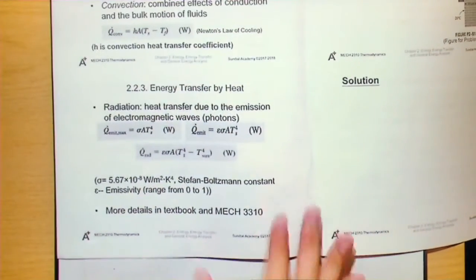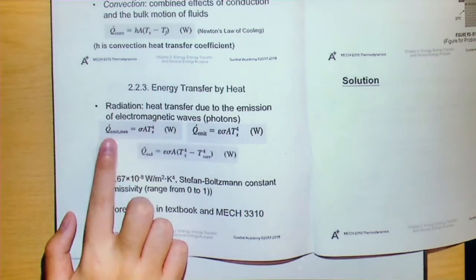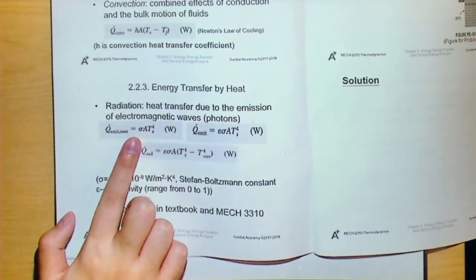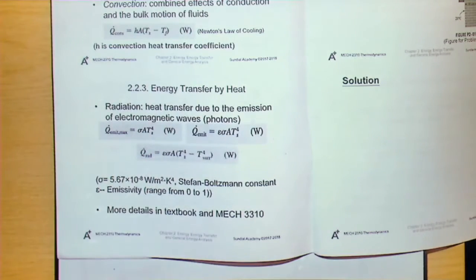Radiation is a kind of heat transfer process which is carried out by the emission of electromagnetic waves or photons. The maximum rate of emission of radiation is given by the Stefan-Boltzmann law, which is this one: Q emit max dot equal to sigma times A times Ts to the power 4. It is raised to the fourth power of the surface temperature, where Ts is the absolute temperature of the surface.